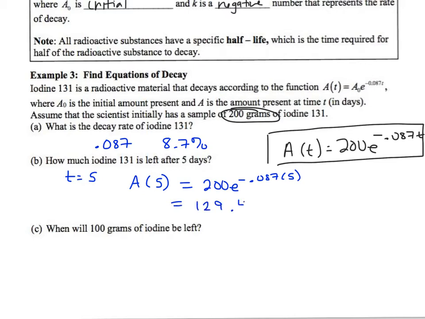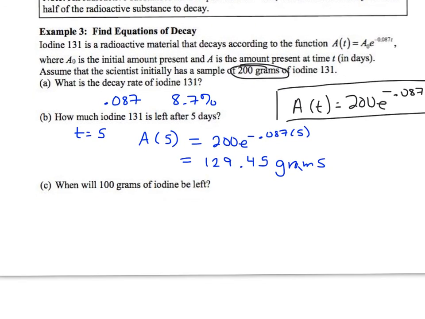I get 129.45. In this case, since our initial amount of radioactive material is in grams, this should also be in grams. So this thing is decaying pretty quickly because it went from 200 grams to 129 grams in only 5 days. Some things that we do radioactive decay on can take hundreds of years, thousands of years. It just depends what your material is.